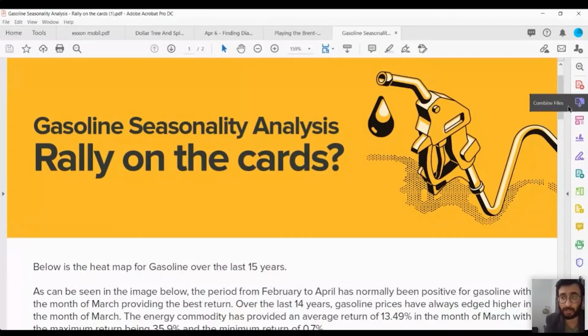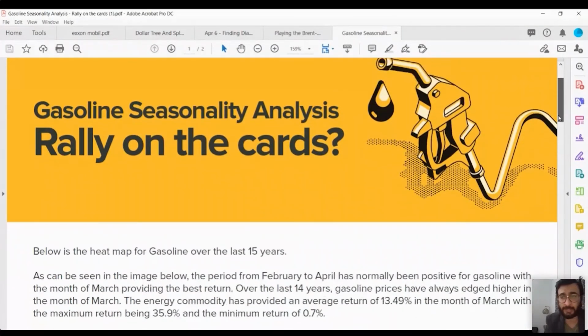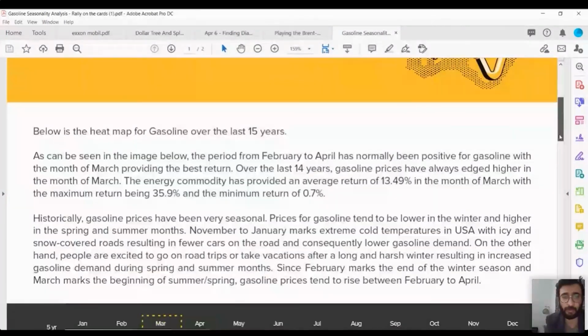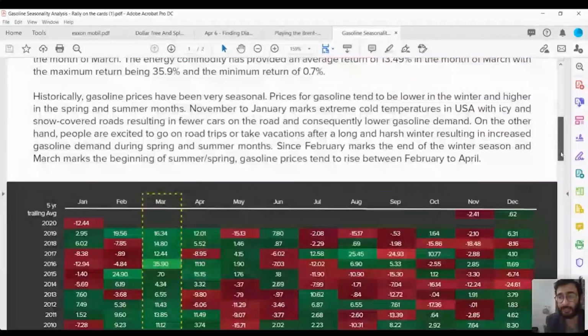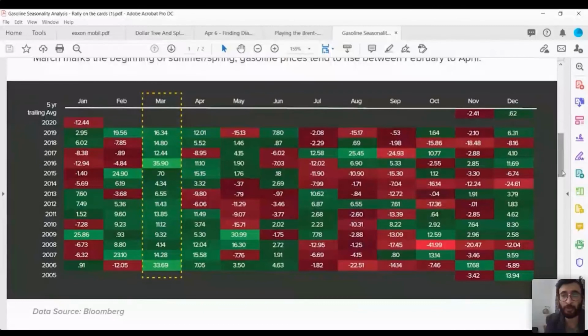Gasoline seasonality analysis. Remember, I was telling you yesterday that seasonality is also a kind of strategic analysis. Look at this chart. Okay, this chart is of gasoline prices, gasoline returns from 2005 till 2020. It is dotted also that the month of March from 2005 to 2020 has shown positive returns every time.